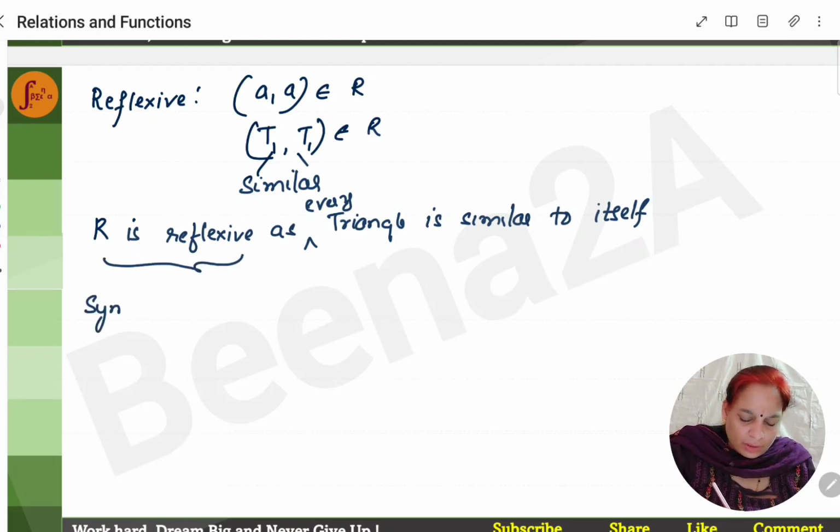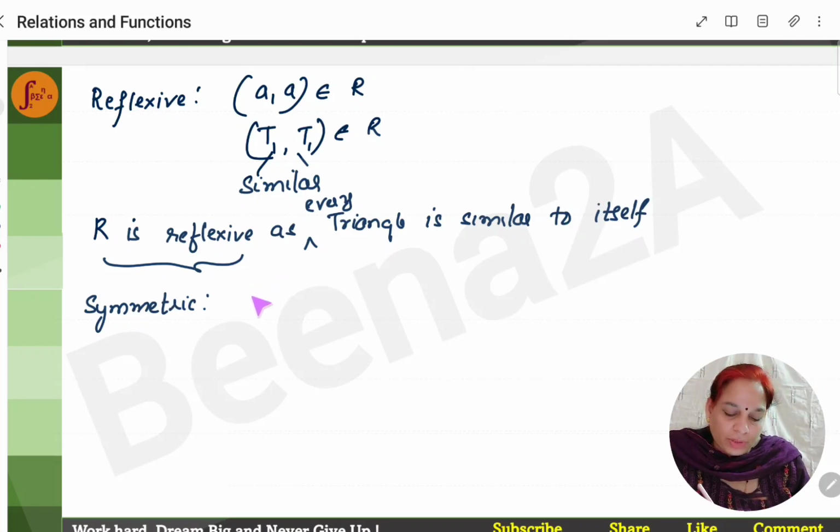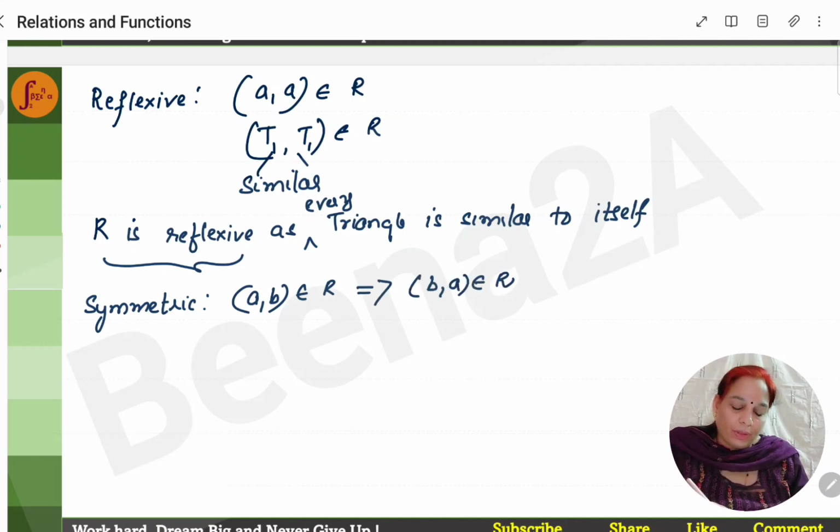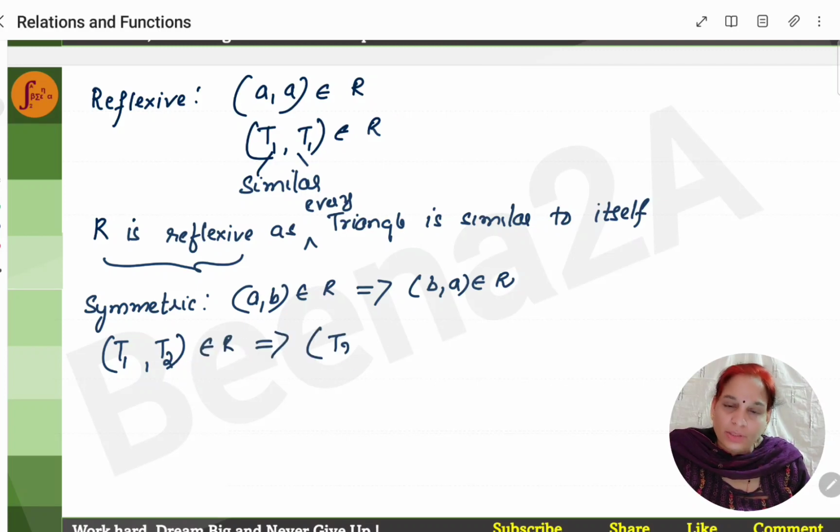Next, symmetric. What is the condition for symmetric? If A comma B belongs to R, this implies that B comma A belongs to R. This says that if we have two triangles T1 and T2 and both are similar, it implies that T2 comma T1 is also similar.